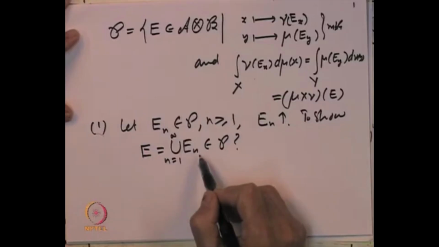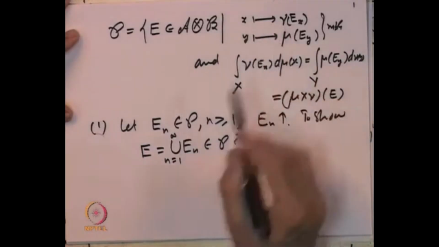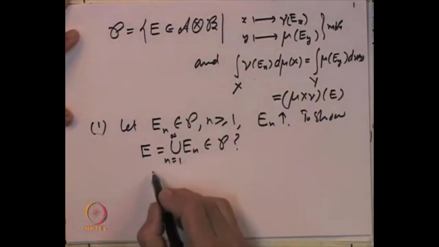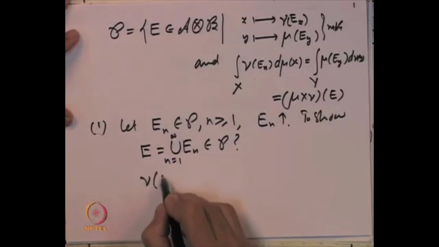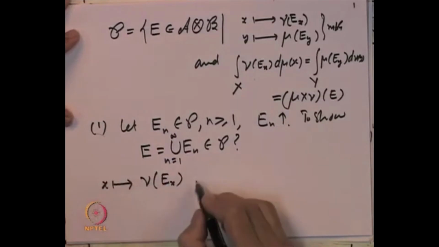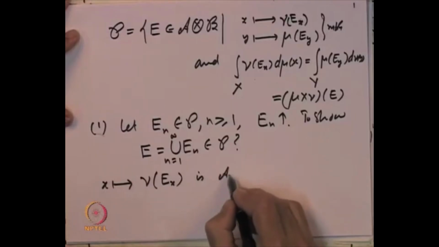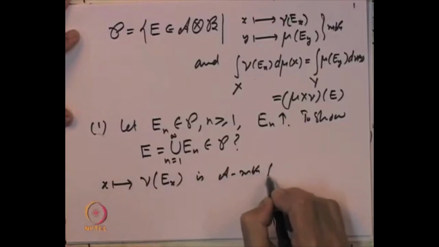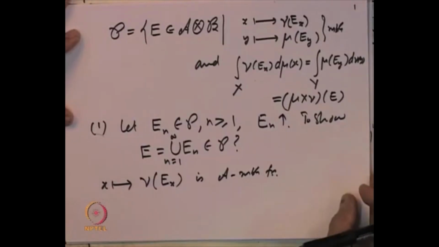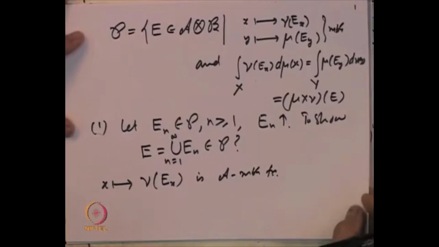So, what we have to do? We have to look at the corresponding sections. So, what is the first property we have to check? To check that E belongs to P, we have to look at nu of E_x. The first thing we have to show is that this is a measurable function. Okay. So, to do that, let us observe the following.